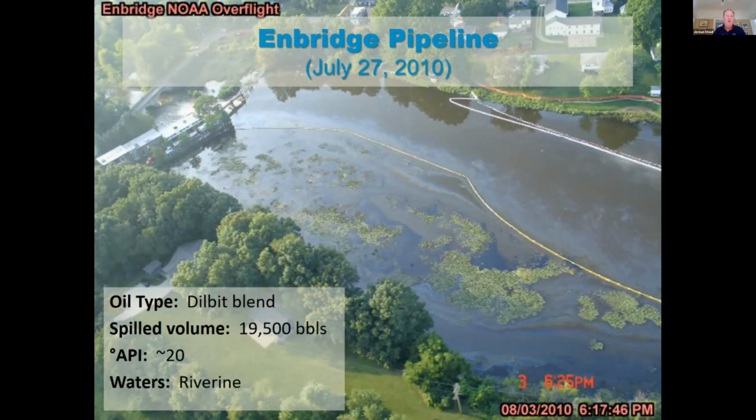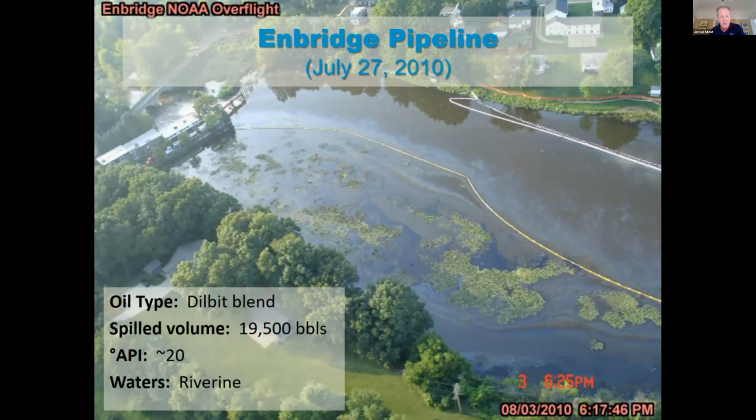As you can see in the picture near the release site, the oil was floating initially. One of the challenges about dilbit spills is that you have not one oil involved, but two oils. One is the bitumen itself, which is the heavier component, and the other is the diluent, which is often a lighter type of oil, maybe a diesel or a naphtha or something like that.